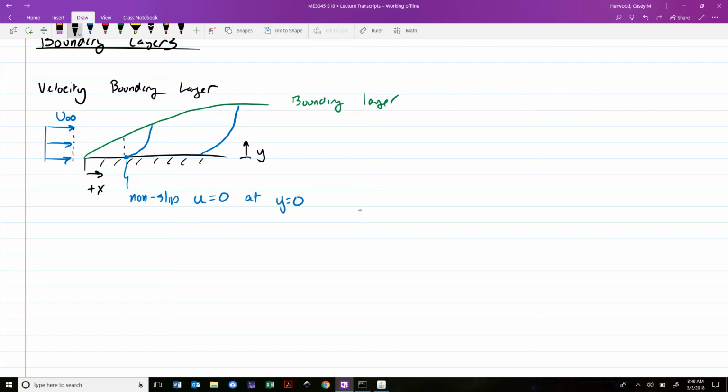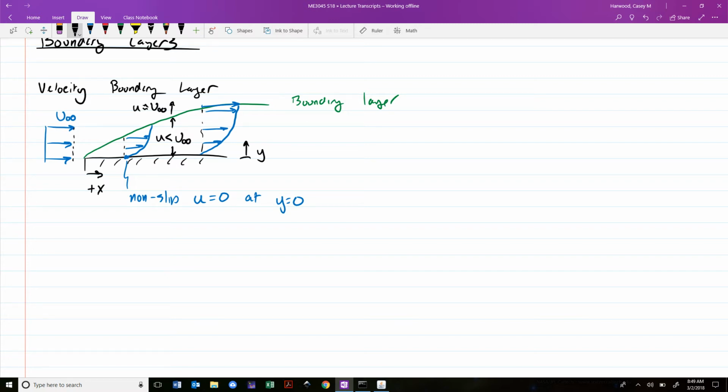So inside of this boundary layer, we know that u is going to be less than u infinity, right? Whereas outside of this boundary layer, we know that u is going to be about the same as u infinity. So that's where we make the distinction.